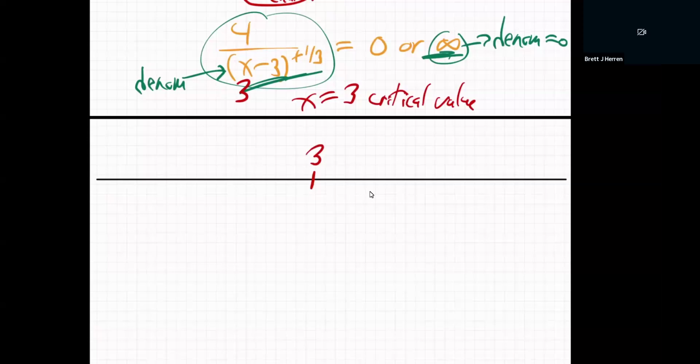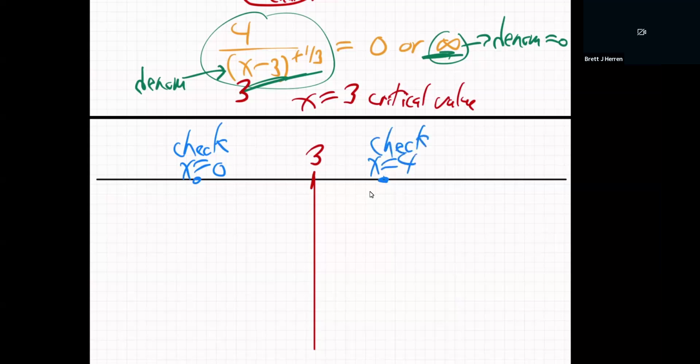And then they want us to check on the two sides of it. I'm going to check x equals 0. You can do just 1 or 2, it doesn't matter. And I'll check x equals 4 here. I just like 0. Sometimes it makes things easy. Anyway, just something on the left, something on the right.